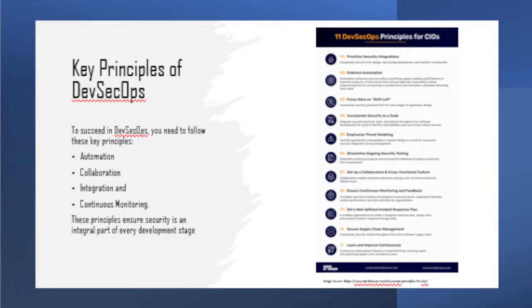streamline ongoing security testing. In recent times, there has been a significant increase in developers releasing code faster than ever before. Over 83% of attacks are attributed to this trend. To keep pace with rapid development, security considerations should not be overlooked.